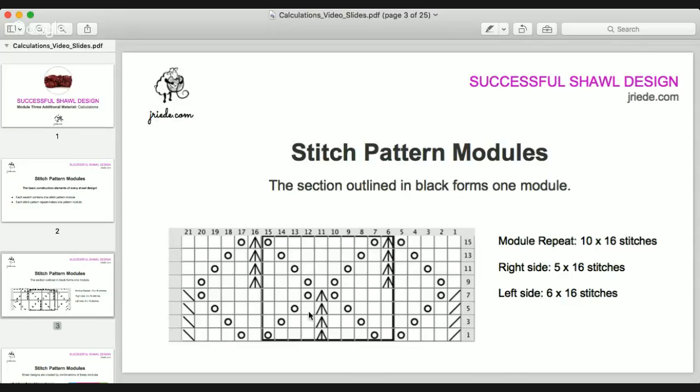Basically, this section outlined in black is one stitch pattern module in our case, and this repeat can be combined then to form shawl constructions. Let's look at the details.